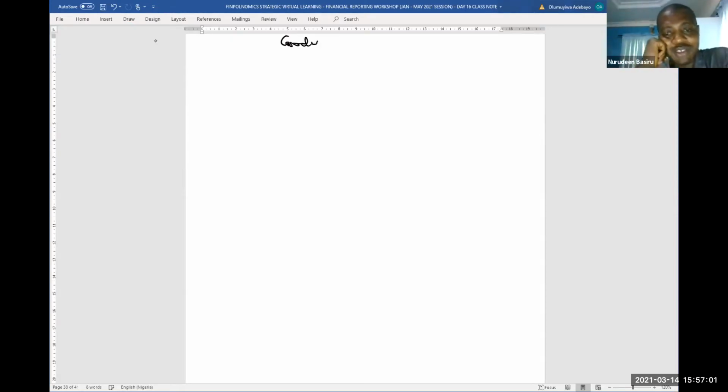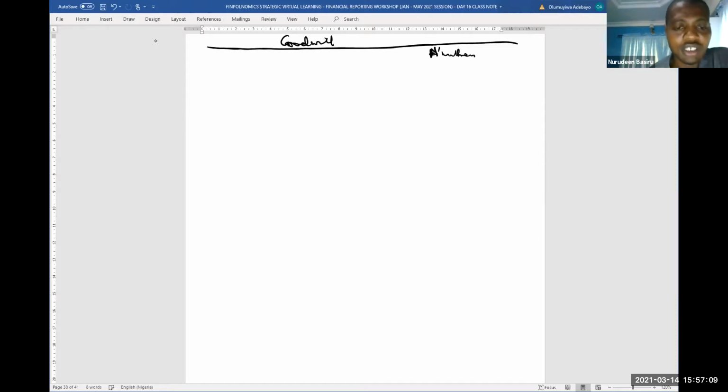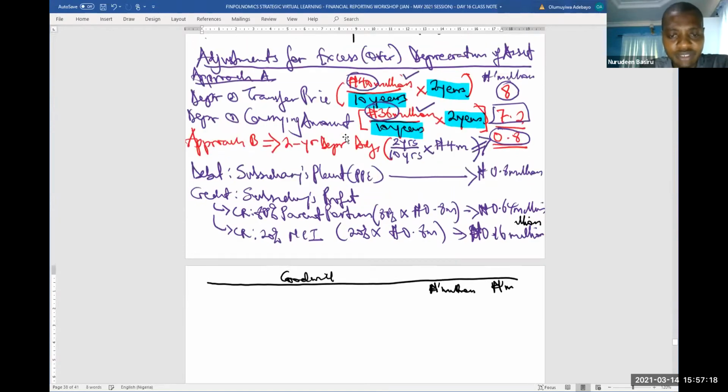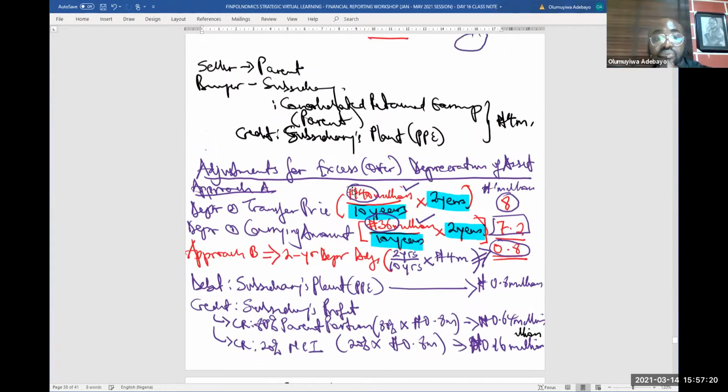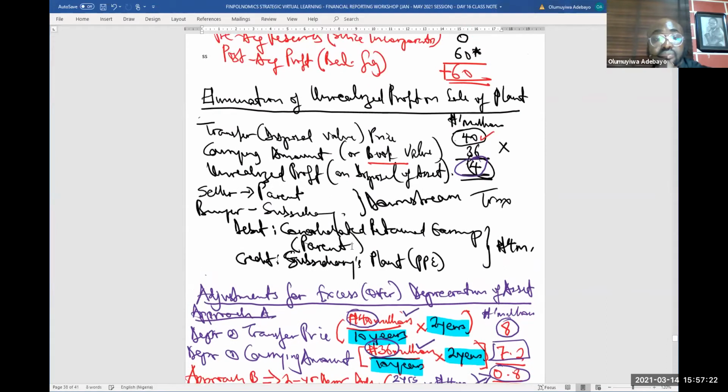Actually, I just want to reshape my understanding, because the first one we treated that has to do with sales of goods, when we treated downstream transaction, I think it affected only the parents. Yes, which is what we did here. Unrealized profit, only the parents. Why did it affect only the parent?